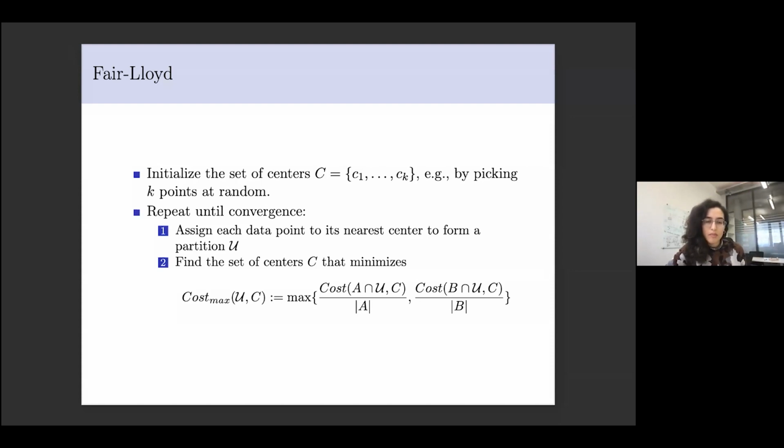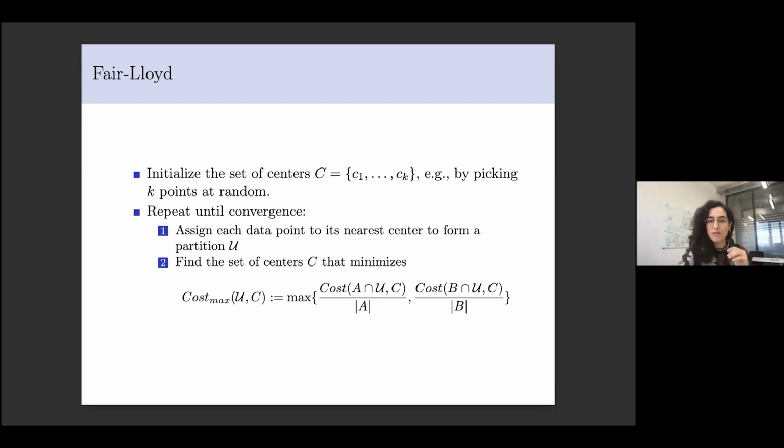And now remember that in the vanilla Lloyd, we updated the centers of each cluster to be the average of data points in that cluster. Now, instead of setting the center to be the average of data points for that cluster, we find the fair centers, which are the solution to the cost max objective.